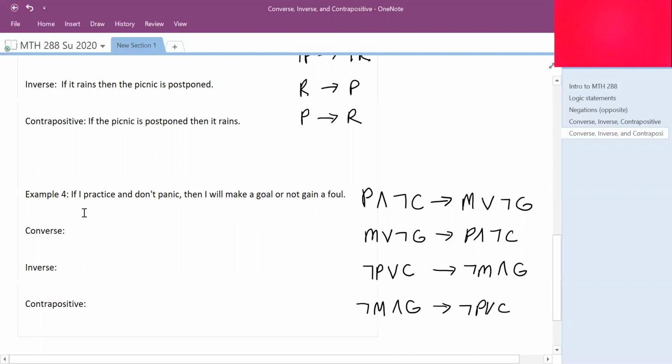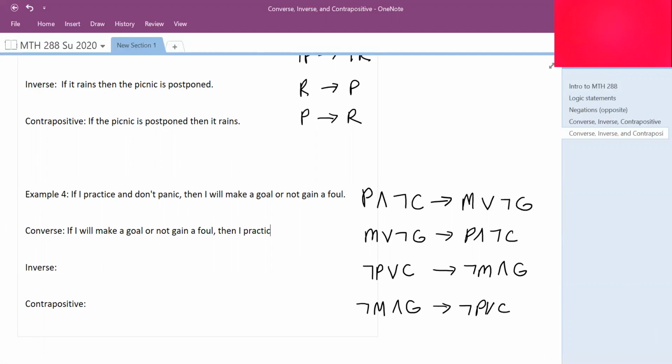All right, so let's write out the sentence for the converse. So if I will make a goal or not gain a foul, then I practice and don't panic. Let's do the inverse, which would be changing that to the opposite.